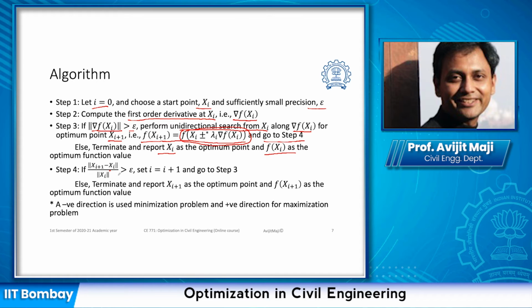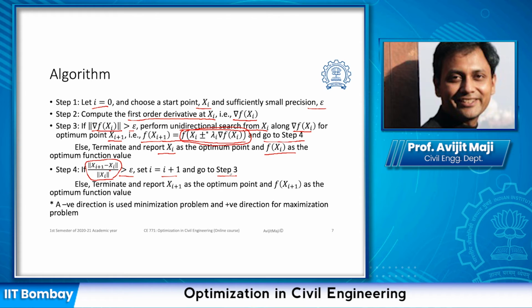If we find these two points are far off, using the same precision value, and if this is greater than that precision value, then we increase the counter by 1, and again we go to step 3 where we find the gradient and move along that direction.